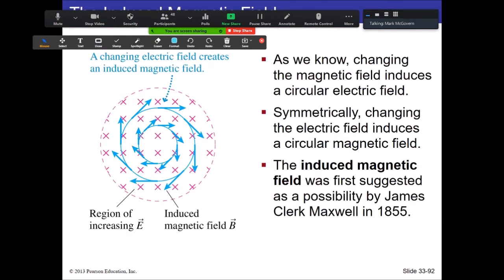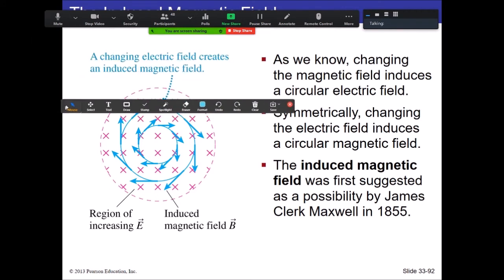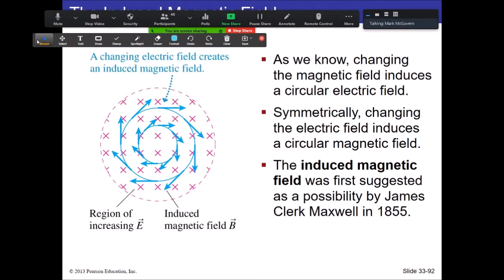Well, okay. Now, we just established that a change in magnetic field is going to produce a circular electric field. What if we were to take just empty space that has an electric field in it, and we change the electric field?